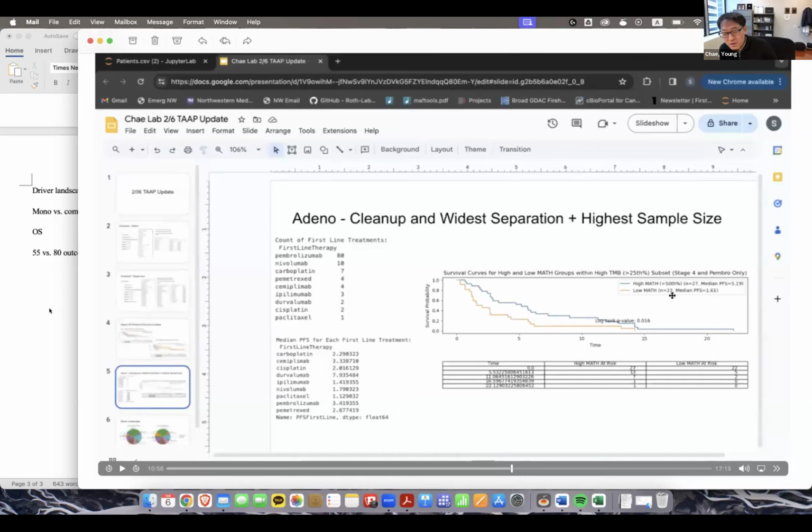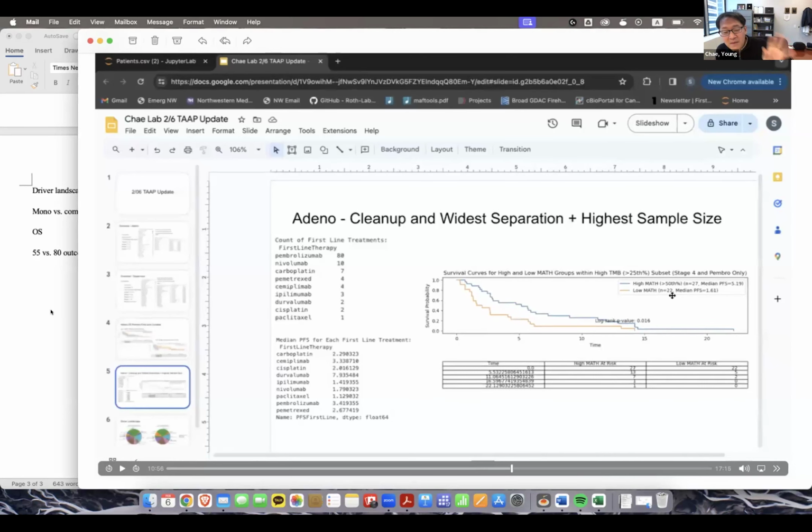So I'm not going to advocate for one versus the other. I will probably say that in patients with high tumor mutational burden, tumor heterogeneity affects clinical outcome. That's our message. How and in what direction, we're still not sure, but we have an idea that it's affecting something, especially in adeno.